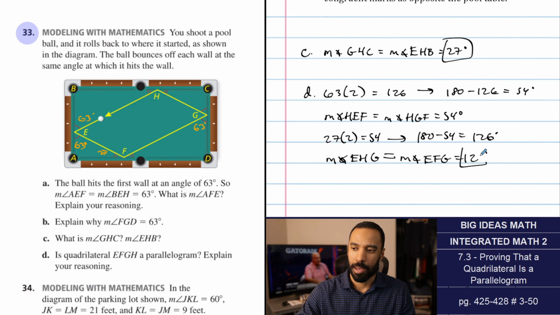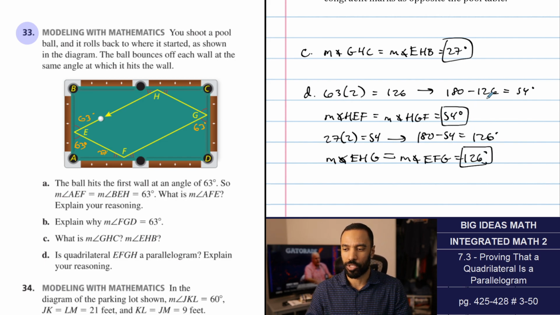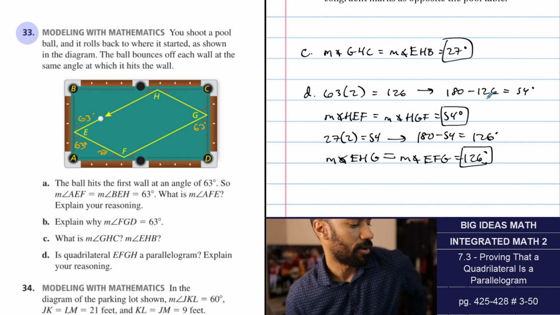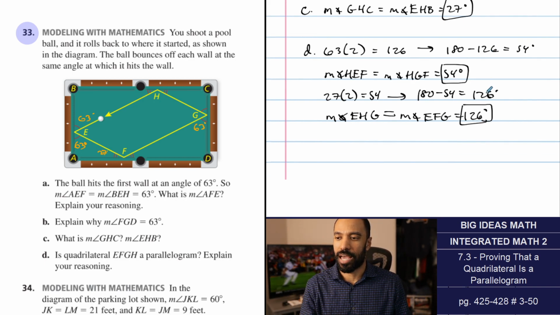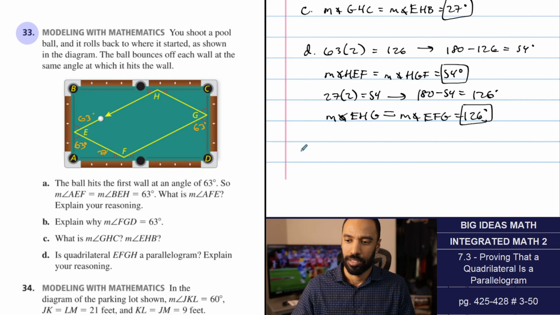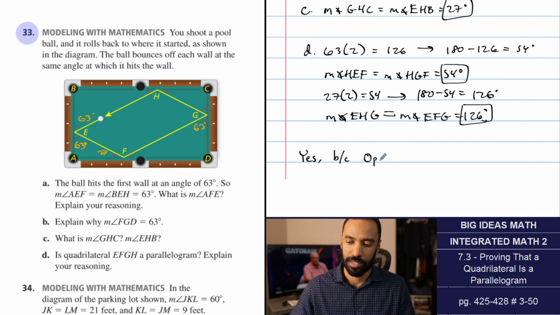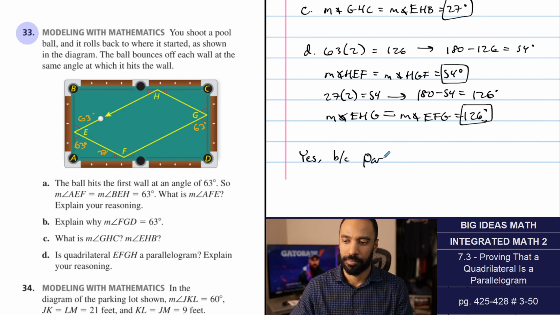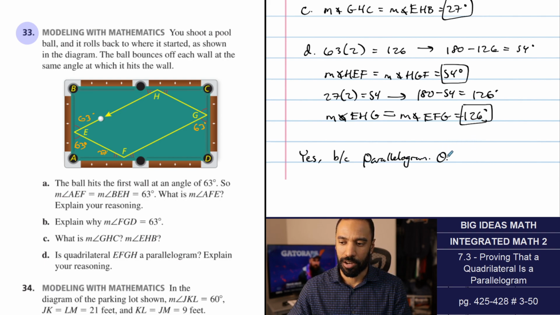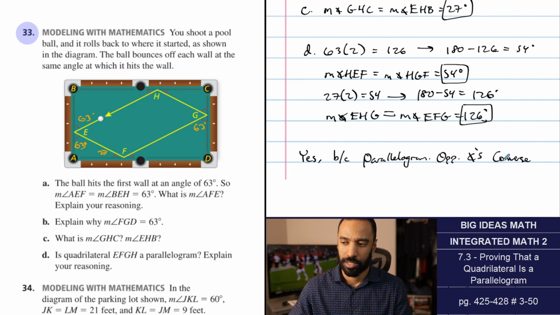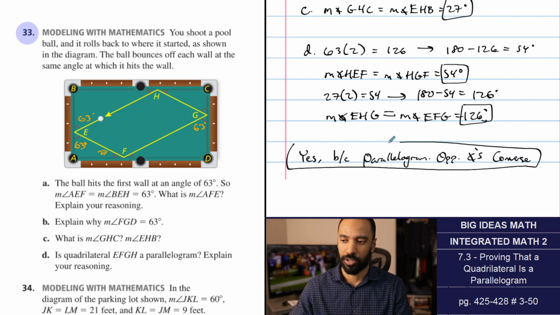So not only are opposite angles congruent, but it also shows that these guys are supplementary, 54 and 126. So that also works out in its own way. So yes, because of the opposite angles converse, it's a parallelogram because of that.